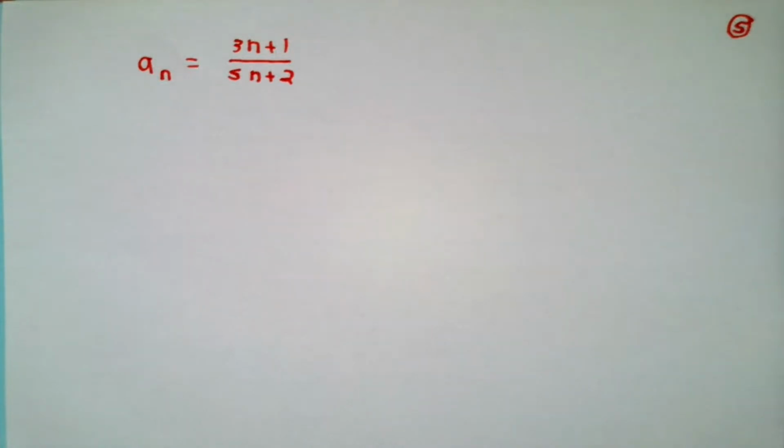If it is true, we're going to say that the an numbers converge to that value, and otherwise we'll say that the an sequence diverges. First, we'll look at some specific numbers to get a feel for what's going on.